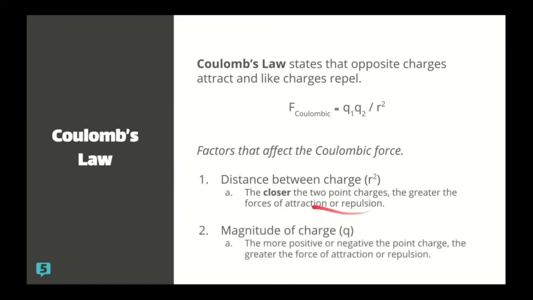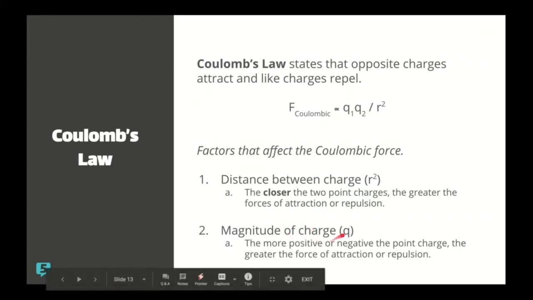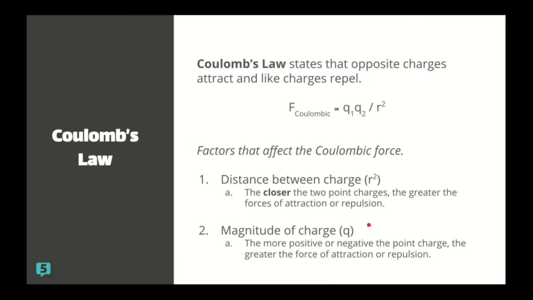So I want to go ahead and show you kind of how you do this. The r squared refers to the distance between charges, and the closer those two charges are, the greater the force of attraction, or repulsion. The magnitude of charge is represented by the letter Q, the variable Q. The more positive or negative that point charge is, the greater the force of attraction or repulsion.